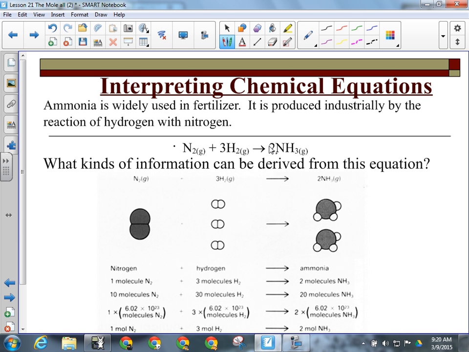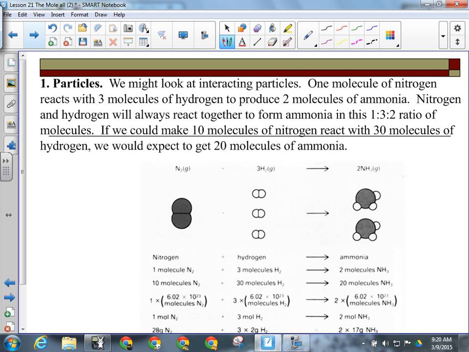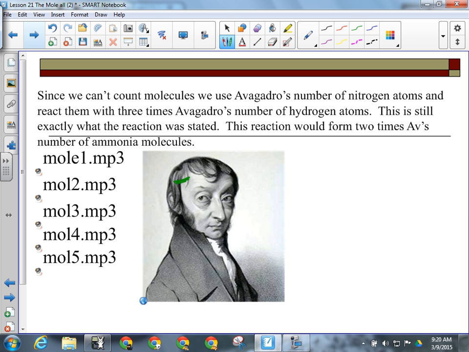Everyone follow? So that's what those coefficients can mean. That's really about all you need to know about it now for Science 10. So like I said, it could be particles, moles. It could be, there's Avogadro.